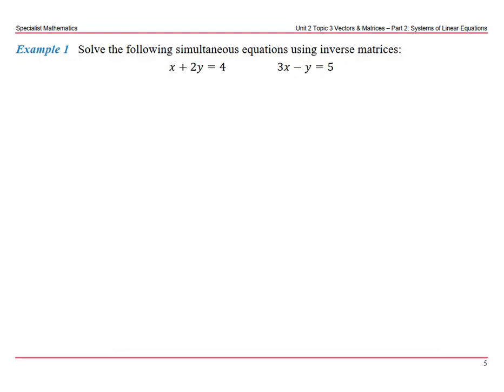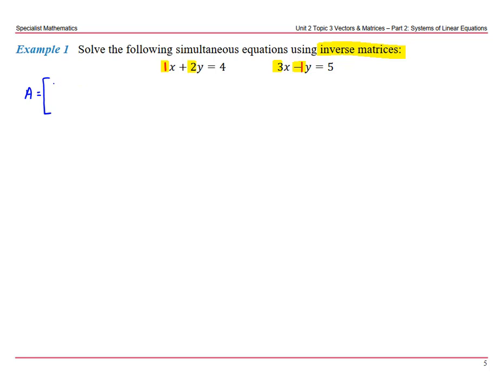So let's look at an example. Solve the following simultaneous equations using inverse matrices. So we're told what method to use. So let's set up our matrices. Firstly, our coefficient matrix, looking at the coefficients of our equations. Now remember that there is a 1 there and there is a 1 there, and always take the sign in front.